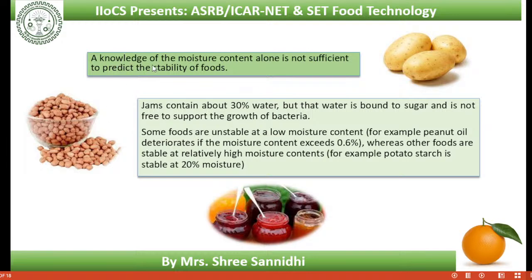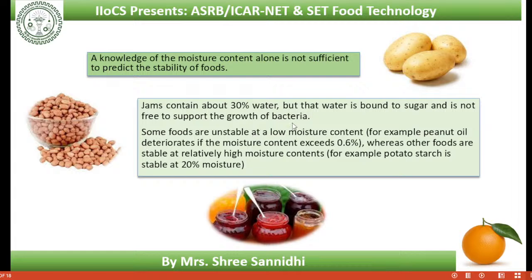A knowledge of the moisture content alone is not sufficient to predict the stability of foods. For example, jams contain about 30% of water, but that water is bound to sugar and is not free to support the growth of bacteria.